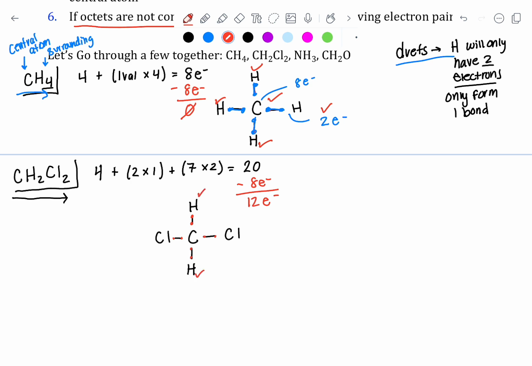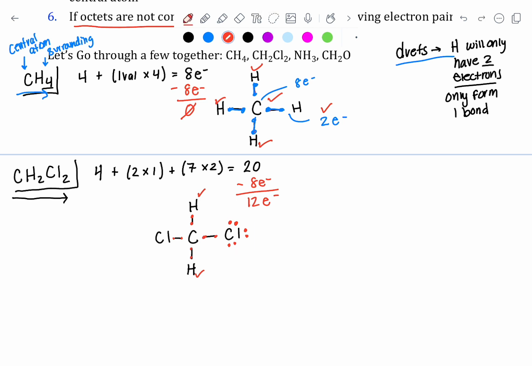The chlorines, on the other hand, only have 2 electrons associated with it, so we need more electrons to complete its octet, specifically 6 electrons. So we can put those as lone pairs, 1, 2, 3, 4, 5, 6 on the chlorine. That way when I look at this chlorine, it has 8 electrons.